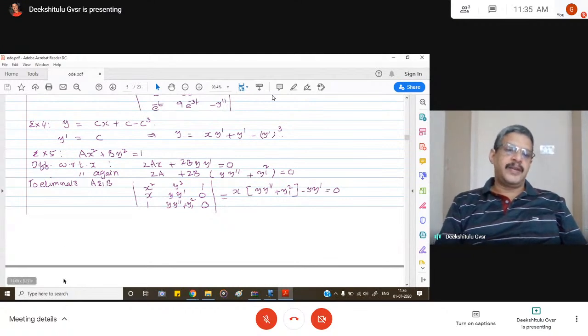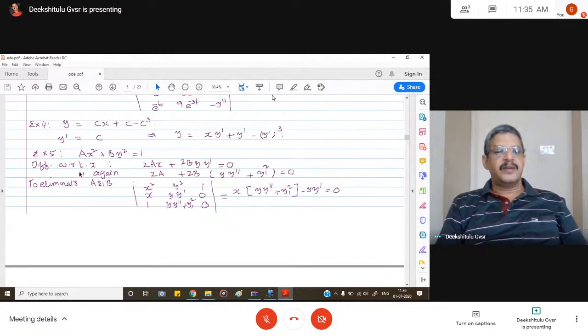Now, if you eliminate a and b, the first equation: the coefficients of a and b are x square, y square, and 1. The second equation: you cancel 2 throughout, so the coefficient of a is x, the coefficient of b is y dash, and on the other side we have 0.